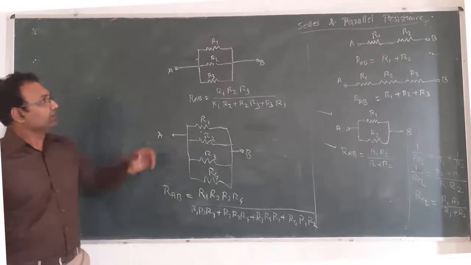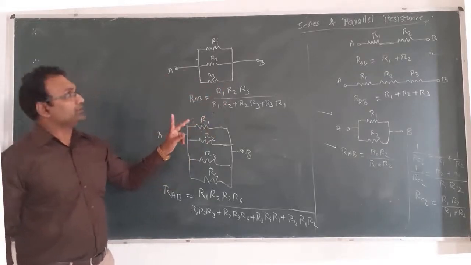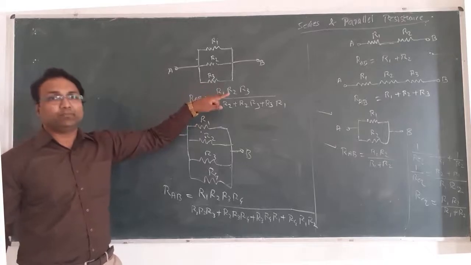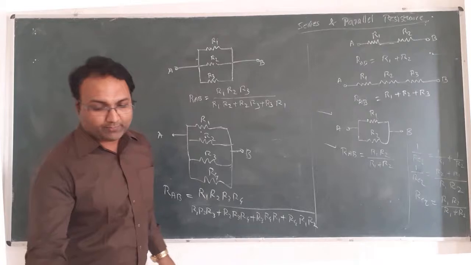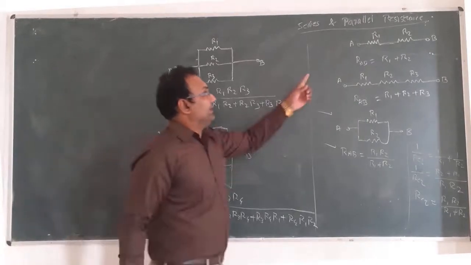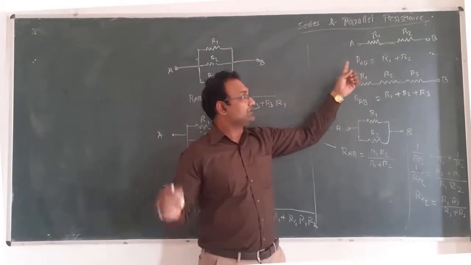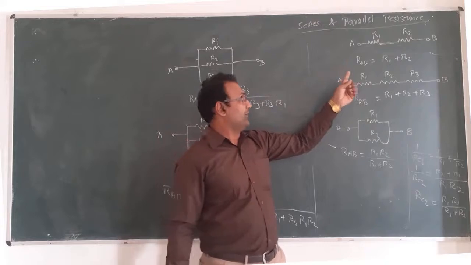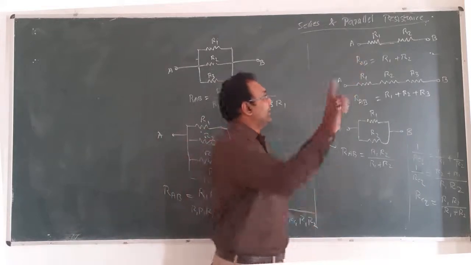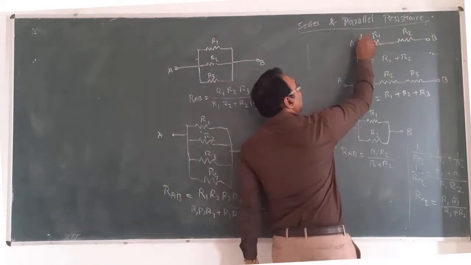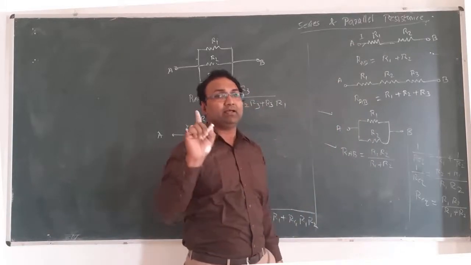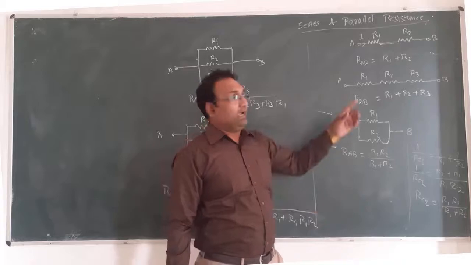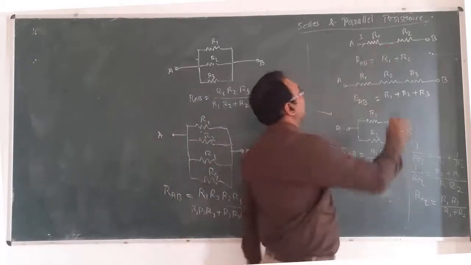So these are the two basic concepts which we have seen: series combination of resistances and parallel combination of resistances. The point to remember is, in the series combination, always note down this particular point. In series combination, current always remains same. Current always remains same in the series circuit, and voltage divides.